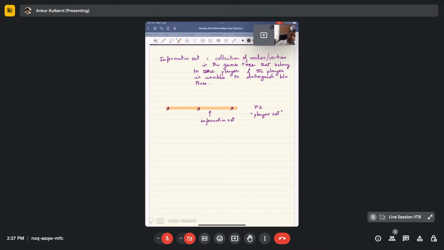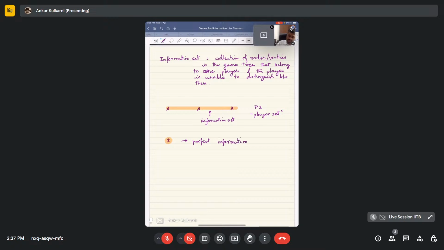Now, in the extreme case, there may be only one node in the information set. This is a degenerate case in which the information set comprises only one node. In that case, the player actually has perfect information. So he knows exactly that he is at that node.